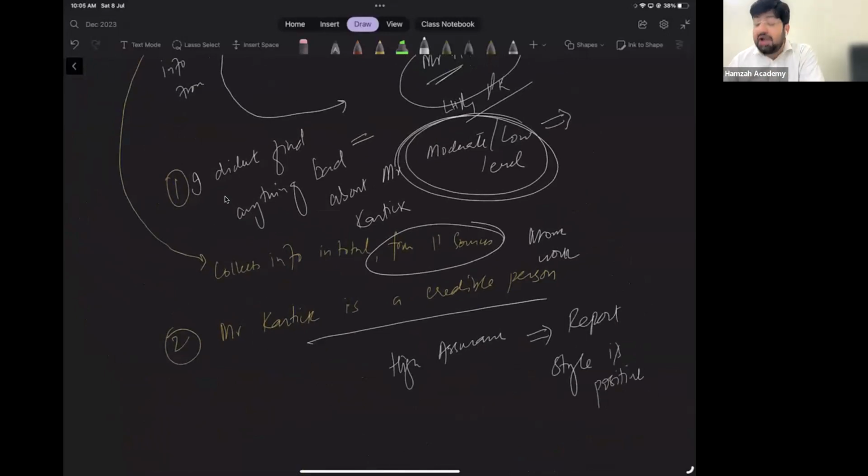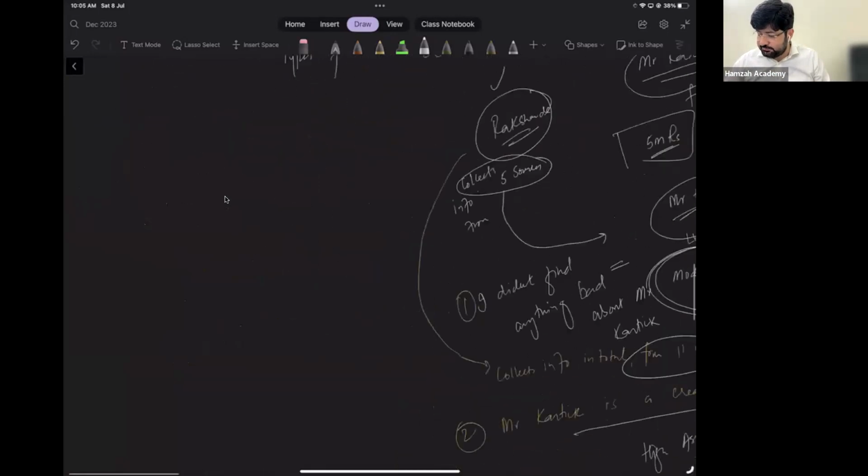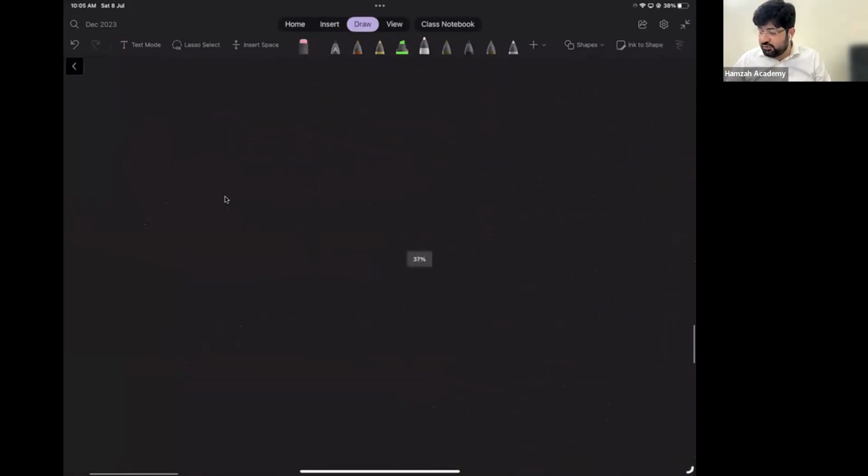Here negative: I didn't find anything bad. So it is the negative form or style of report. So I repeat my words. You can note down. Come here, I will summarize it here. So, types of assurance engagement.